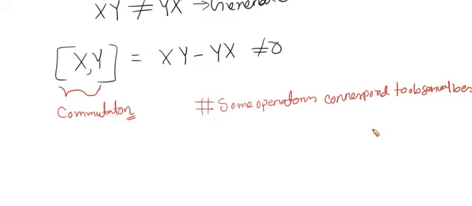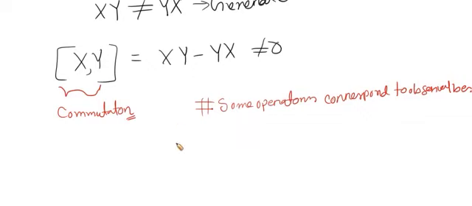So let's just take this for granted, that some operators can correspond to some observables, and if they don't commute, that means those two operators, when they act on a state, will give rise to some uncertainty. That is, you cannot measure the values after those operations simultaneously.